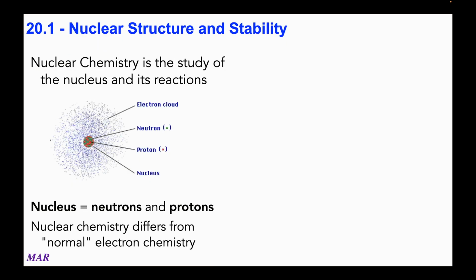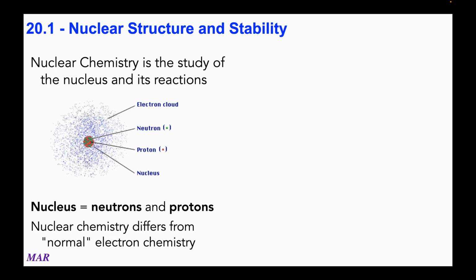In previous chapters, we've talked about the composition of the atom, and it's worth reviewing here really fast. An atom has a nucleus in the center. In the nucleus are the positive protons and the neutral neutrons, and around it circle, if you will, the electrons in the electron cloud. Electrons behave more like a wave that envelops the nucleus and extends right on around, while the nucleus is very, very small.